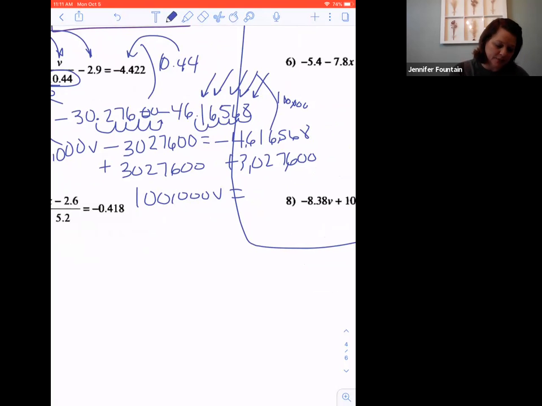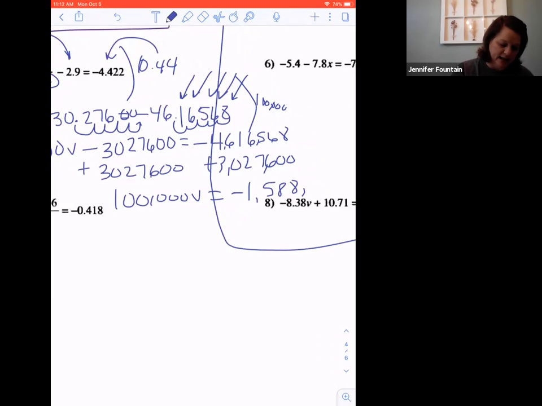So I'm going to keep the sign of the larger, which is the negative, and find the difference. So 4,616,568 minus 3,027,600 equals 1,588,968.